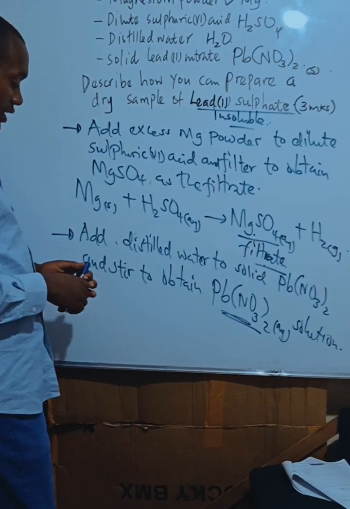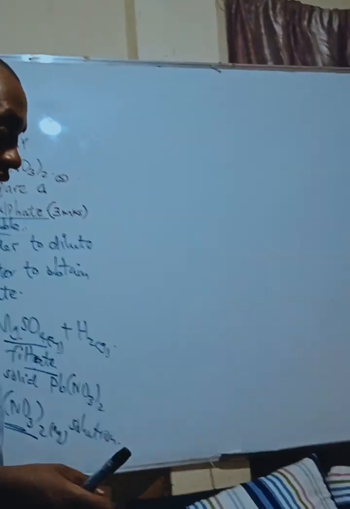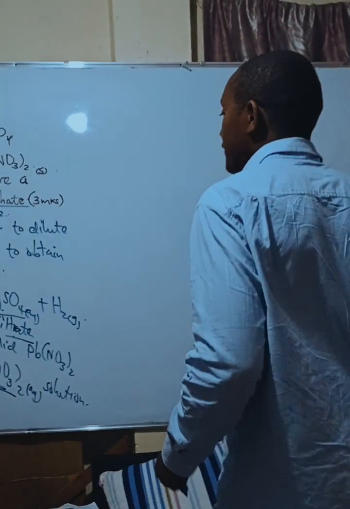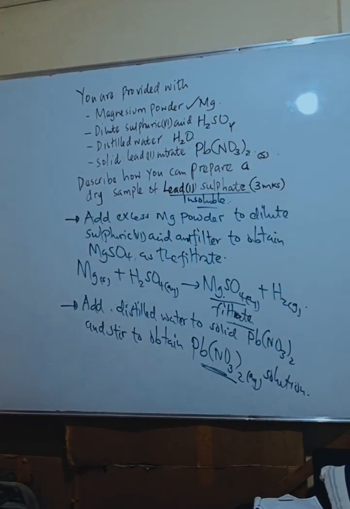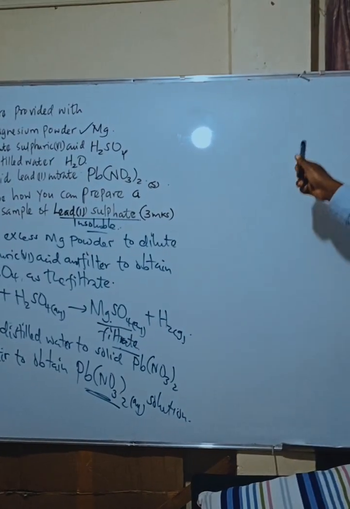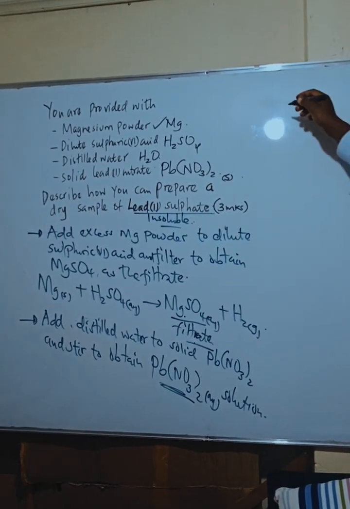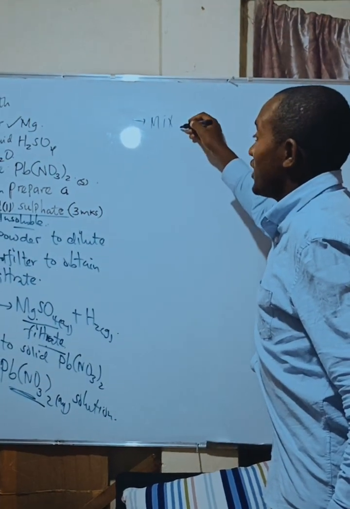So next, what do we do? Here we have obtained lead nitrate solution and we have magnesium sulfate solution. So what do we do next? Mix. You mix the two aqueous solutions.